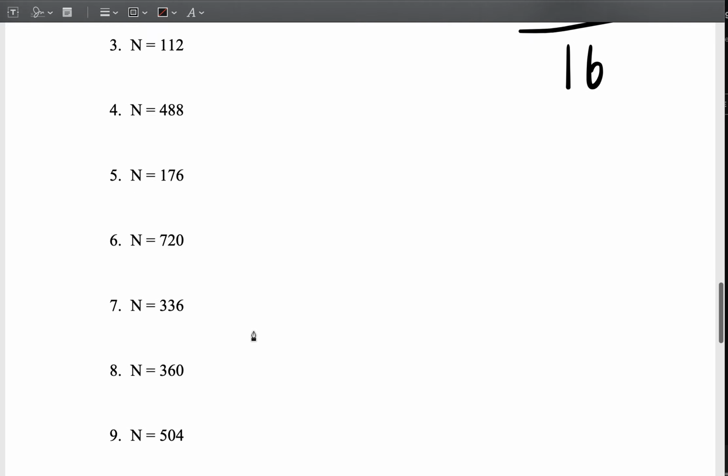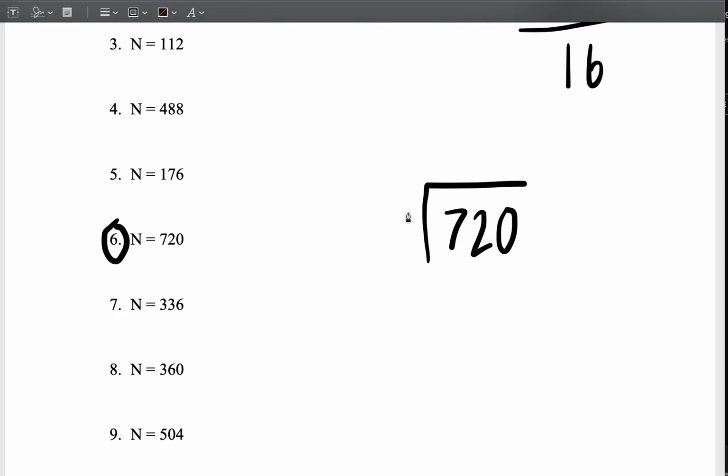Let's do 720. So 720 divided by 8. So 8 goes into 7, can't go into it. 8 goes into 72 9 times. Subtract 72 because 9 times 8 is 72.